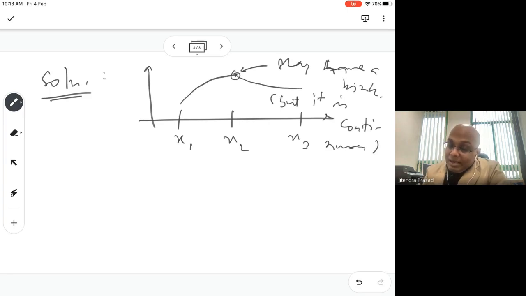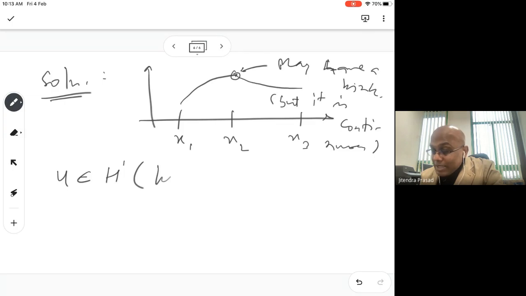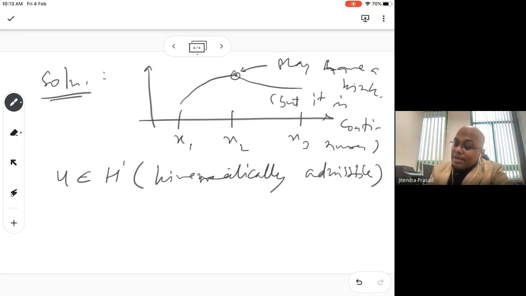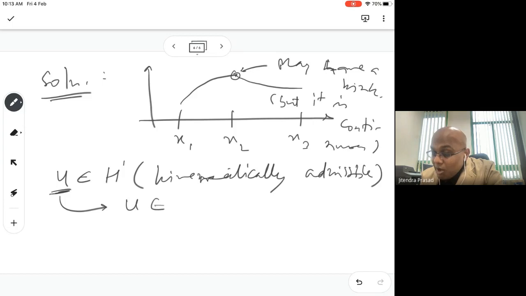Fine. When we say U belongs to H1, this really means that this is kinematically admissible. And that really means that U has to belong, first of all, to C0.